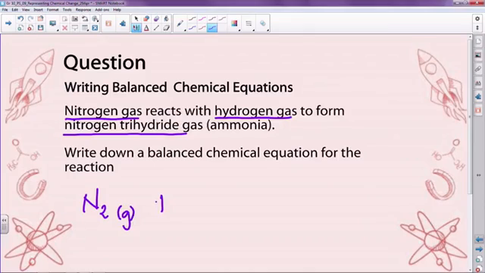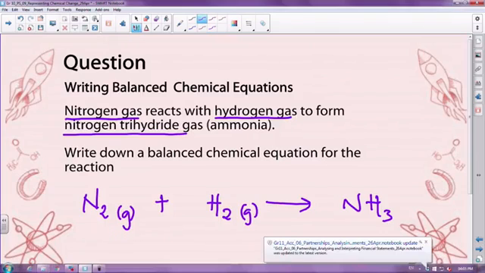Very, very key. It reacts with hydrogen, another diatomic molecule of an element. Right. So that's another gas, to form ammonia, which is nitrogen trihydride. So it means the ratio of nitrogen to hydrogen in the products is 1:3, which is our new substance that has been formed in this chemical change.